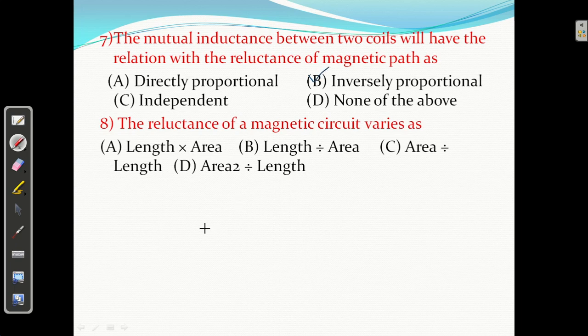We know M equals N1 into N2 upon S. So the mutual inductance between the two coils has the relation with the reluctance. So M is inversely proportional to the reluctance. So B answer is correct.